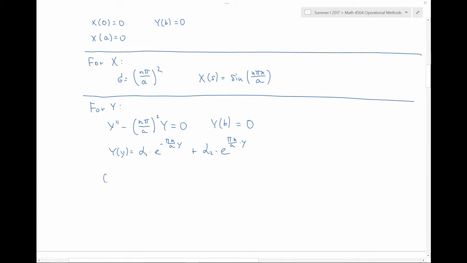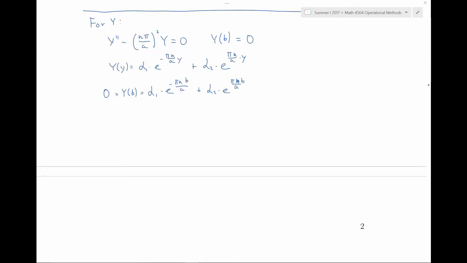Imposing the condition that 0 must be y of b, we get that alpha 1 times e to the minus pi n b over a plus alpha 2 times e to the positive pi n b over a should be 0. This is slightly more complicated than the previous case.